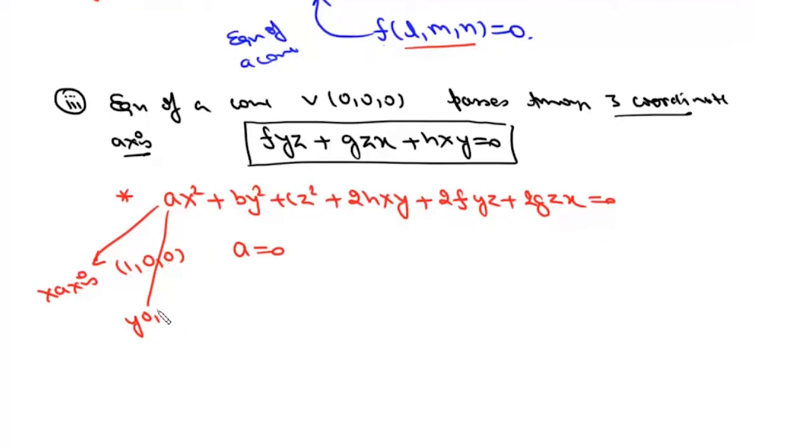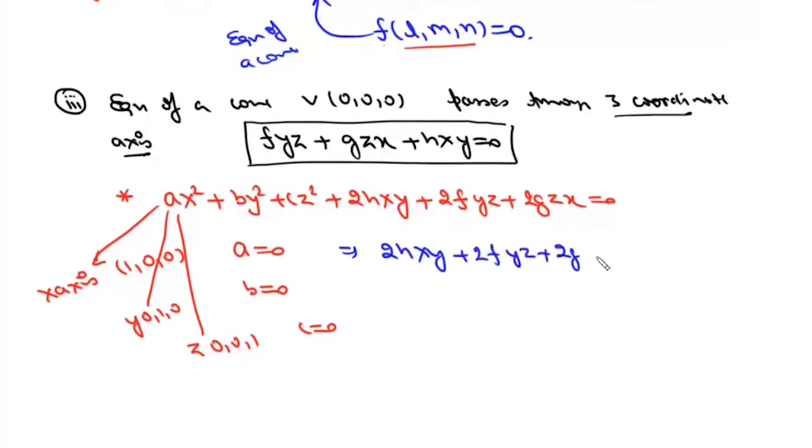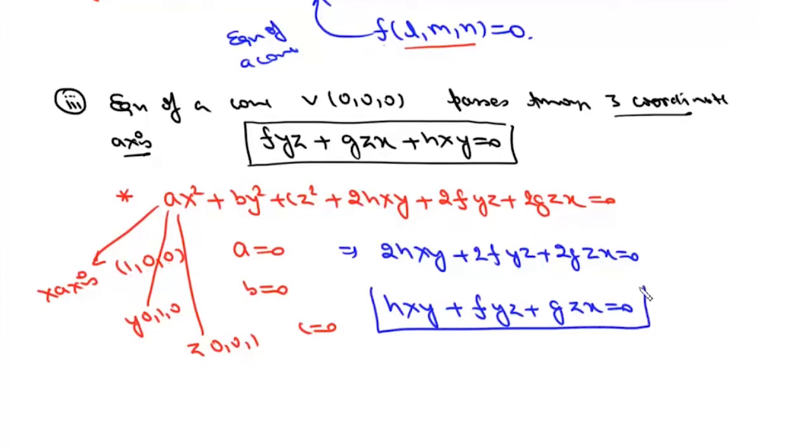For the y-axis, direction ratios are 0, 1, 0. From there we'll get B equals 0, and for the z-axis it'll be 0, 0, 1, and we'll get C equals 0. Now if we put A, B and C as 0, then we'll get the equation of this cone as 2hxy plus 2fyz plus 2gzx equals 0. We'll cancel this 2. So this equation will be hxy plus fyz plus gzx equals 0. So this is the equation of a cone with vertex at the origin and passing through all the 3 coordinate axes.